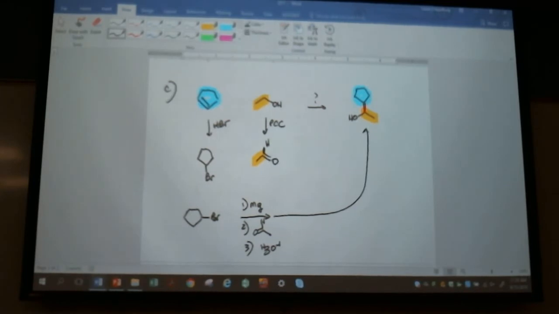Then you say, okay, and how does this Grignard work? Well, I need a halide. If I'm going to make an alcohol, I need a ketone or aldehyde, right? And then I start looking into making those things. But there's a process here. Okay? All right. Let's look at D.